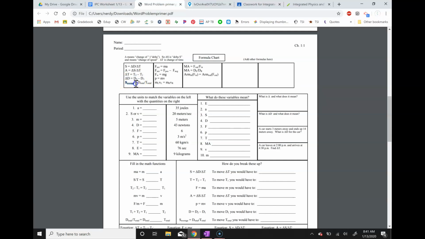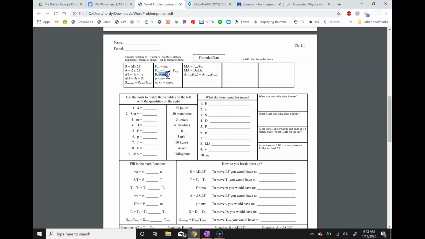Average speed, or S average, equals distance total divided by time total. Okay. The net force, or F net, is mass times acceleration. F net can also be the force positive minus the force negative.